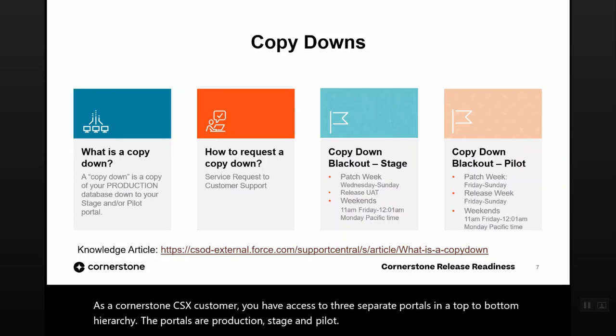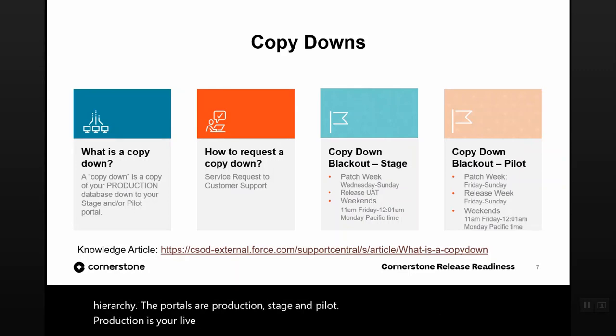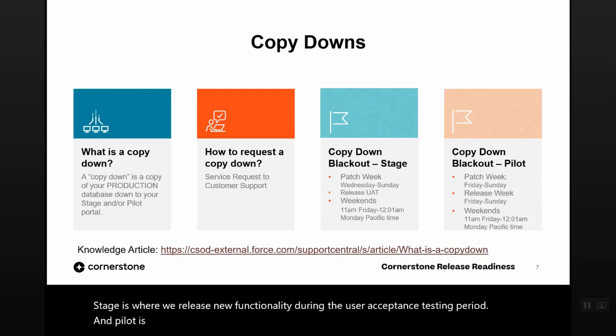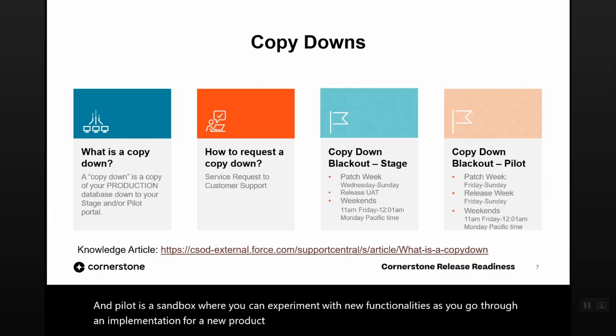Production is your live production system with real user data, learning materials, etc. Stage is where we release new functionality during the user acceptance testing period. And Pilot is a sandbox where you can experiment with new functionalities as you go through an implementation for a new product or as you decide how to configure something differently.